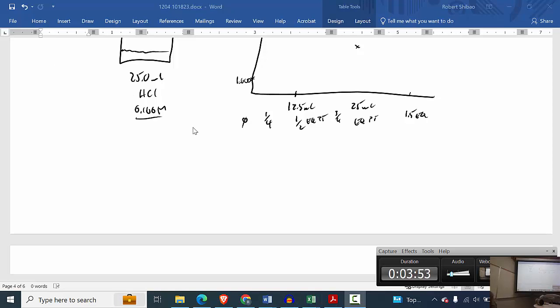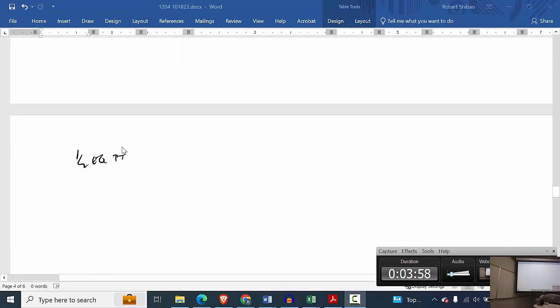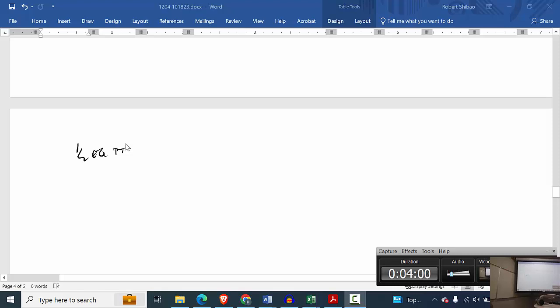So we could do the 1/4 equivalence point too, and just have the half equivalence point for right now. At the half equivalence point, we're adding 12.5 milliliters. You could do it in millimoles.